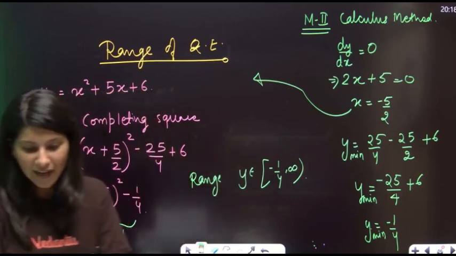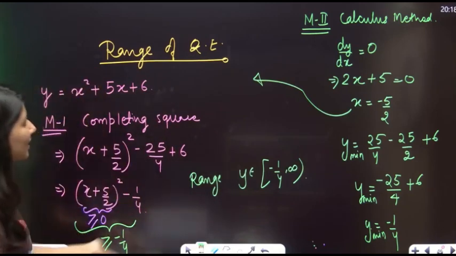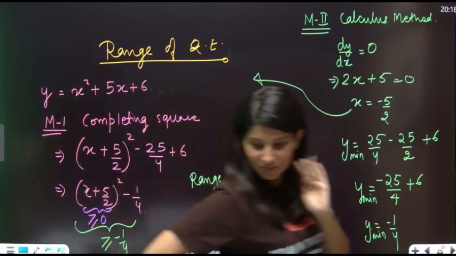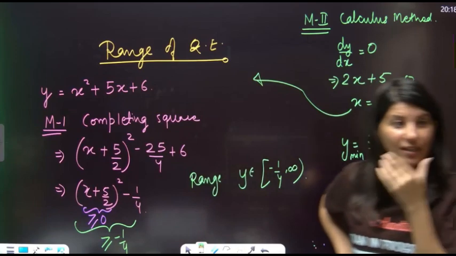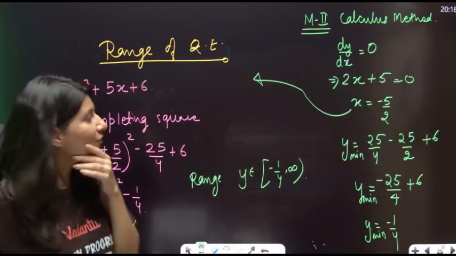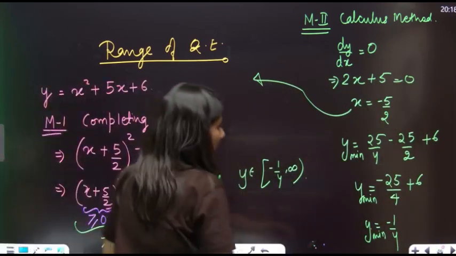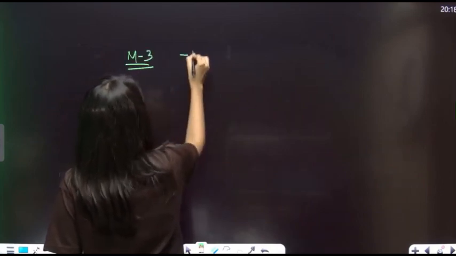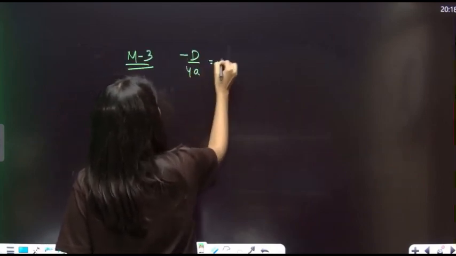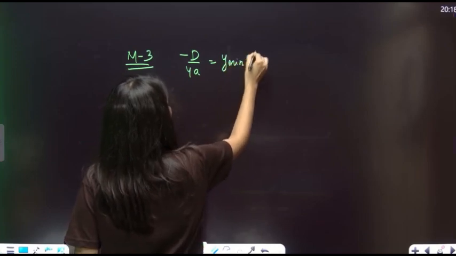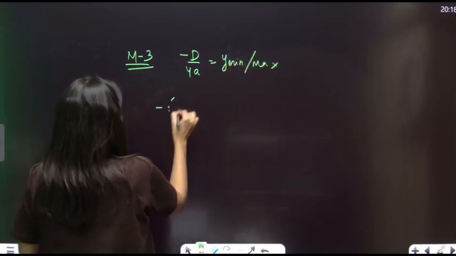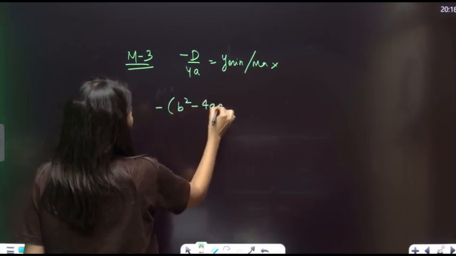Nikita, how to find the range of quadratic equation? That is what I am telling you. Same thing, I am telling you multiple methods to find the range of quadratic equation. Now method number 3 is also there. Method 3 is direct formula. Minus D upon 4a is nothing but y minimum or maximum. So in the previous question, minus of b square minus 4ac upon 4a.